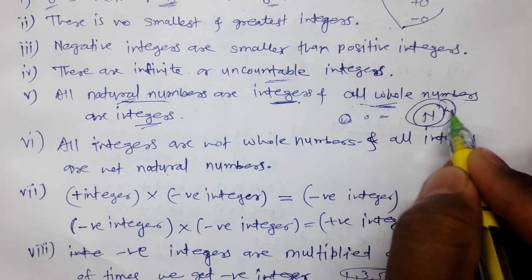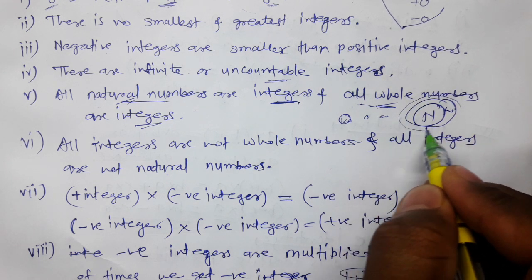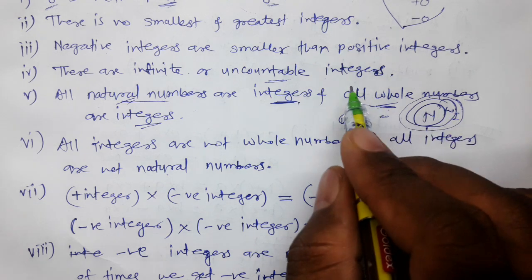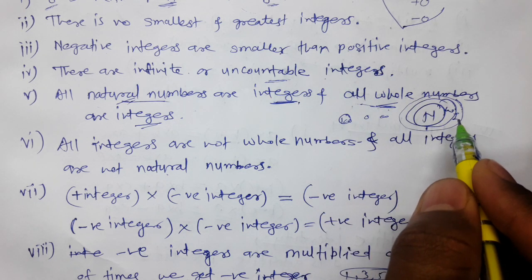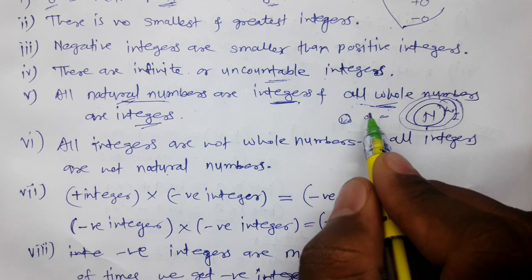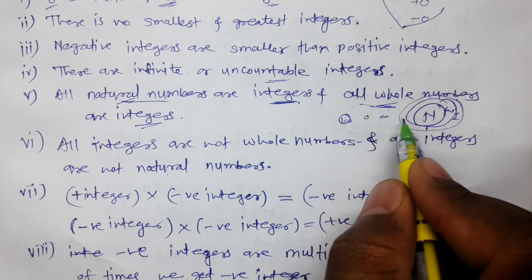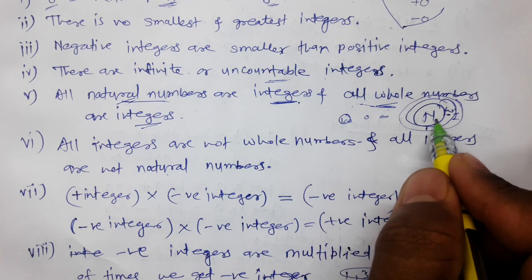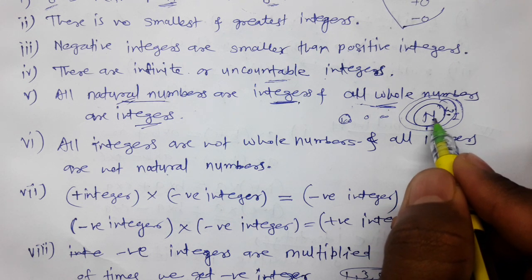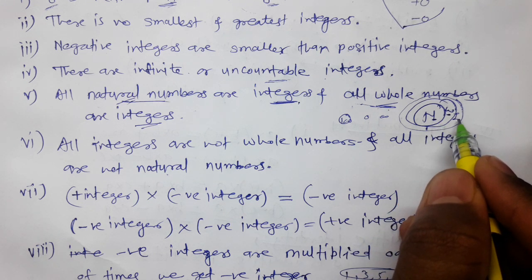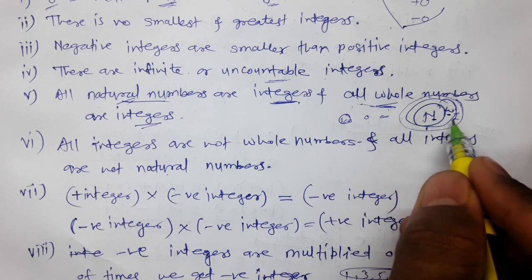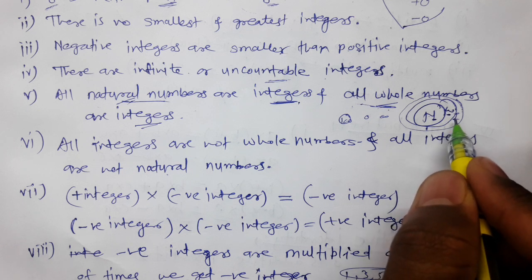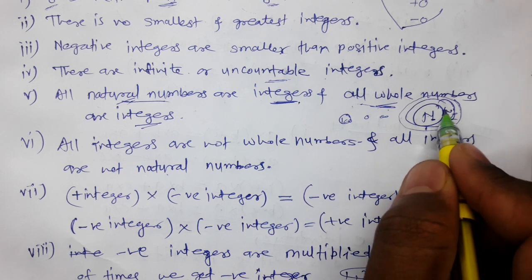After that there is the whole number set, and that is included in integers. But integers contain negatives of natural numbers, and negatives of natural numbers do not belong to whole numbers, and are not natural numbers. So integers are the largest set among these three sets. So all natural numbers are integers, all whole numbers are integers, but all integers are not whole numbers and not natural numbers.